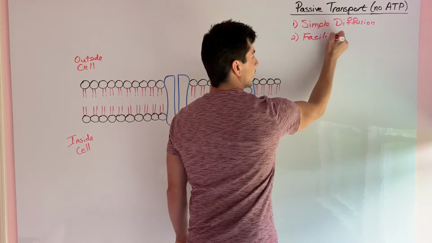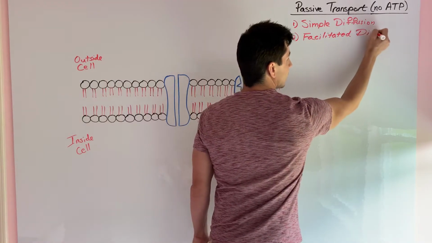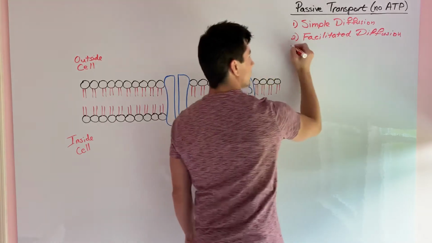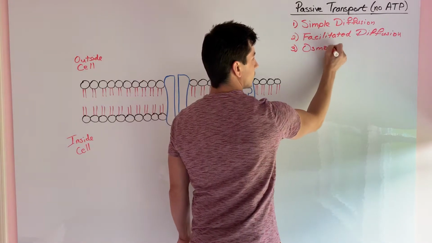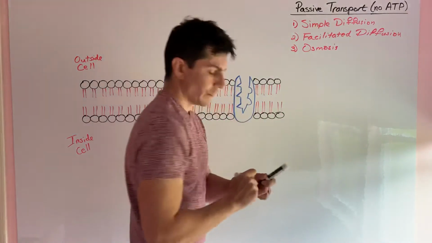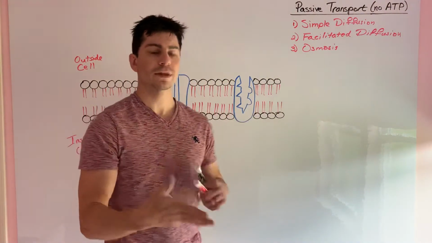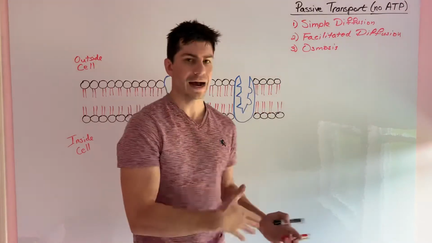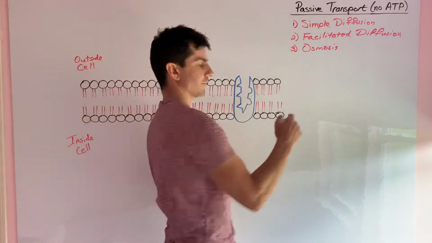And our last one, which will be our next video, is going to be osmosis. For passive transport, it does not require energy. It's going to go with the concentration gradient. In other words, all of these things are going to go from high to low concentration. We'll talk about that a little bit more, and I'll diagram that out for you.